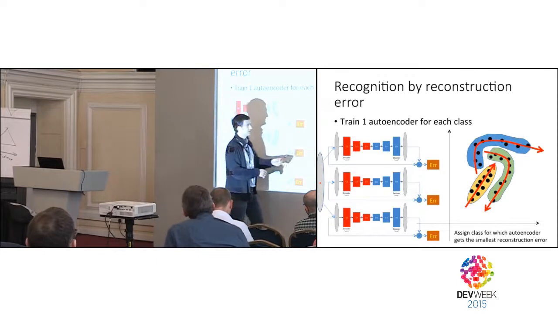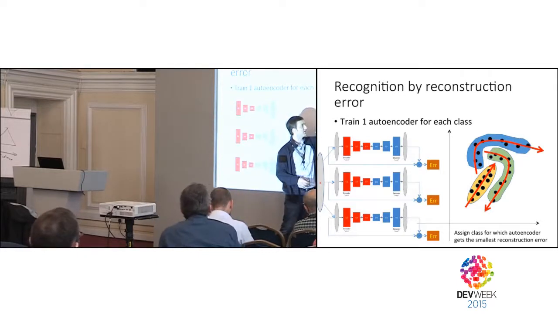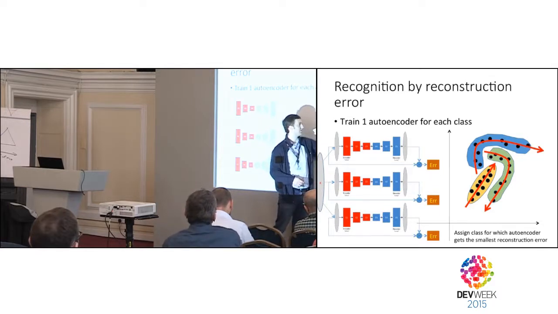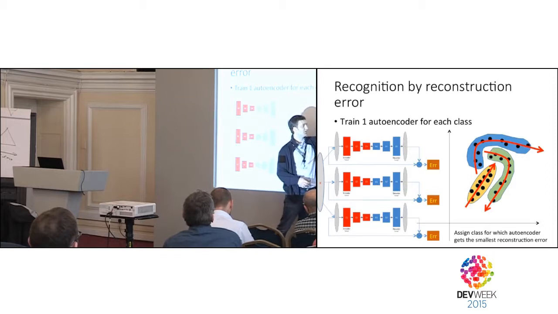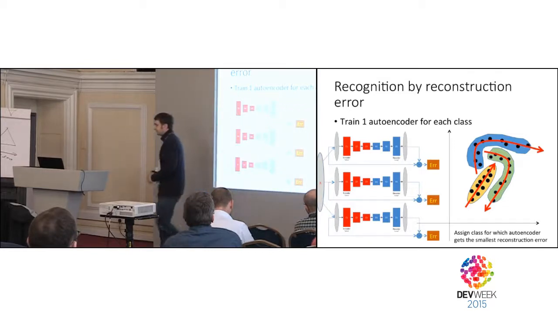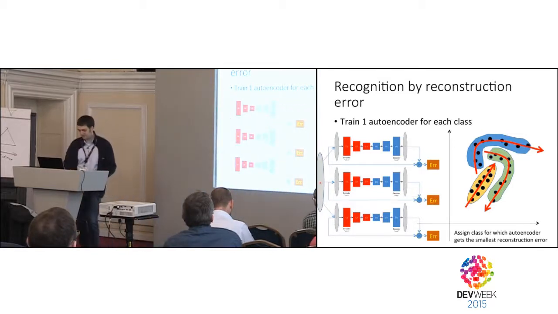For example, consider this point over here. The distance to this curvy axis would be smaller than to this one or to this one. And the point which belongs to this area of feature space would then be classified as this upper class.